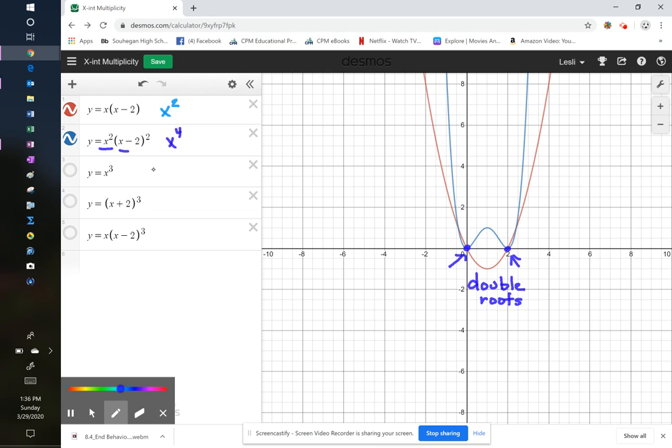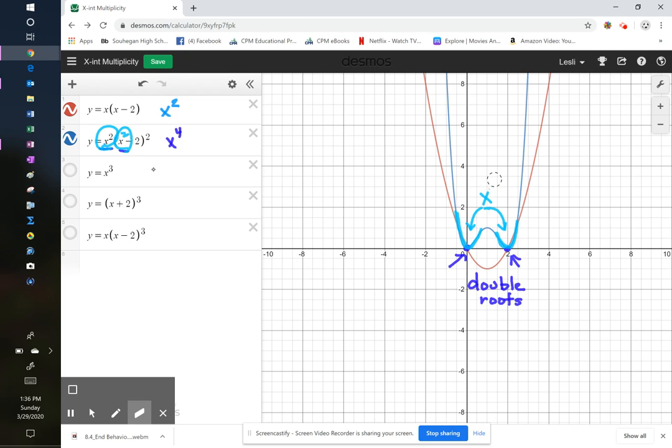Please look at what shape that makes as it does its bouncing. Doesn't it look like a parabola? So within each of those double roots, it looks like the quadratic that you would see if you were to look at each of those x-intercepts separately.